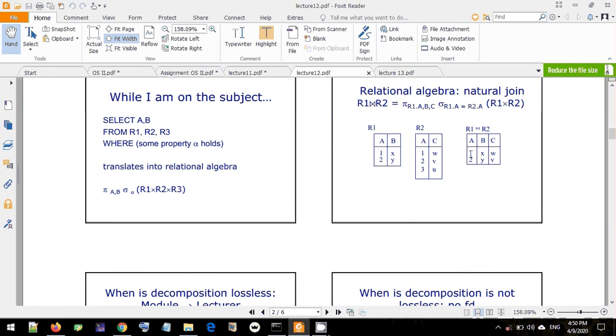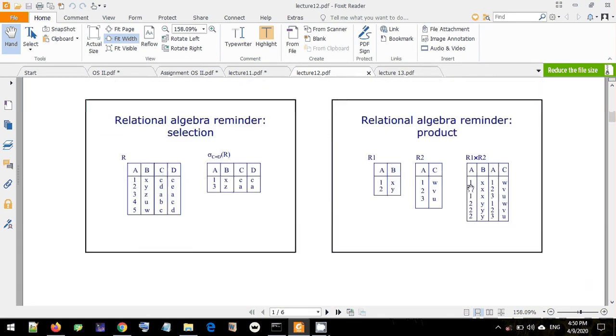That is why we have 1xw. We do not repeat A because we are eliminating redundancy. 1 2, 1 3, no equality; 2 1, no equality; 2 2, equality.